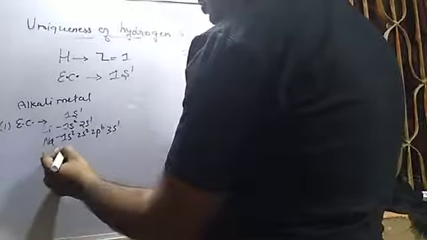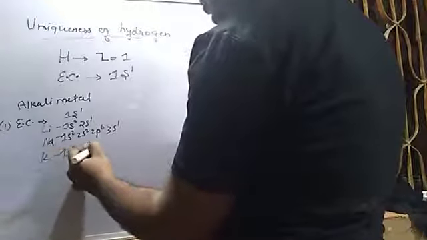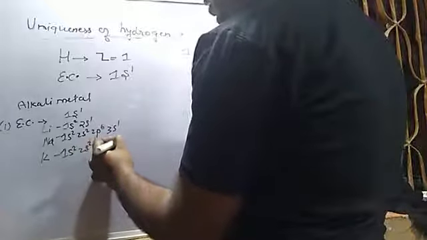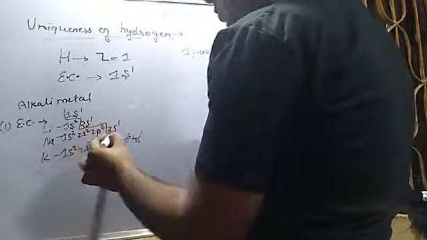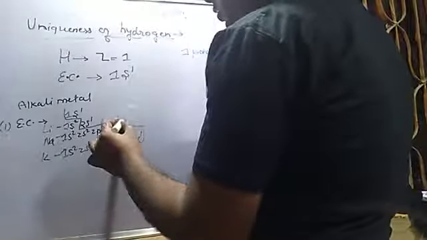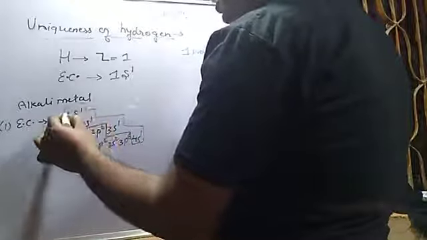Then potassium comes 1s2, 2s2, 2p6, 3s2, 3p6, 4s1. So here we can see that it is matching with the alkali metals in outermost electronic configuration.